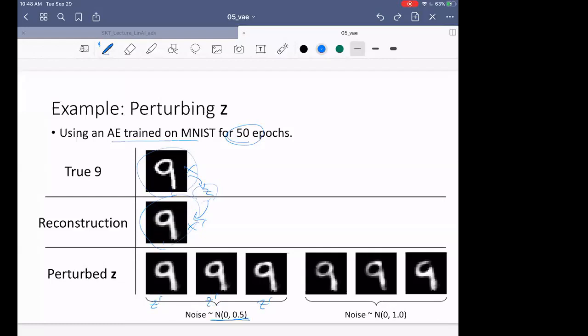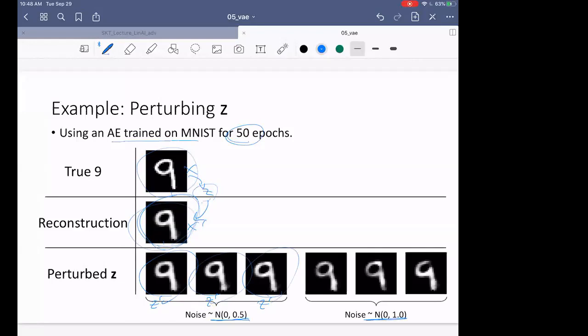It's pretty straightforward. So this one here, this one here, this one here, they all look very slightly different from the true reconstruction, which is here. So perturbing your Z kind of works.